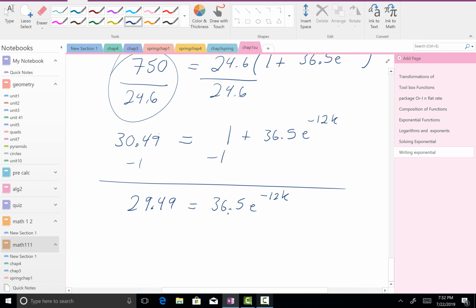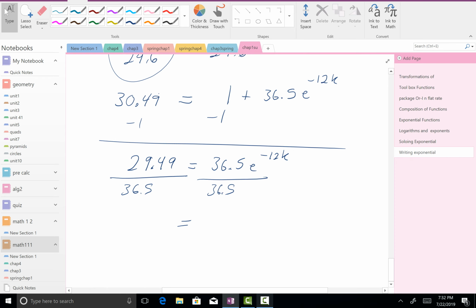If I put that whole mess into Desmos, I'll get an answer for K: the natural log of 29.49 divided by 36.5, divide all that by negative 12.